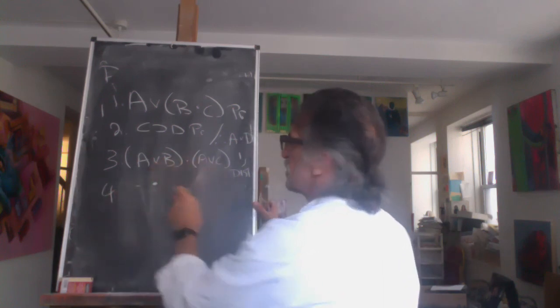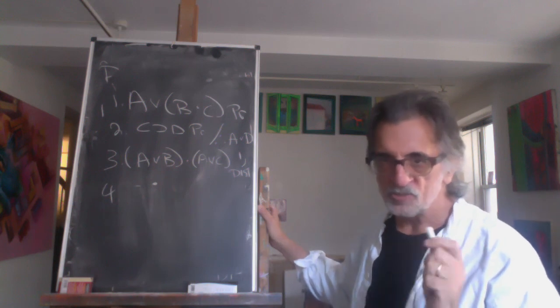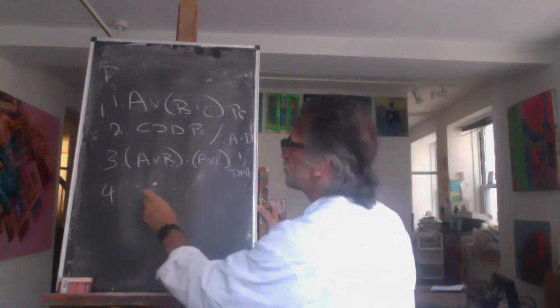Now, where we have this conjunction, of course, by the rule of inference called simplification, we can have just one of the conjuncts.